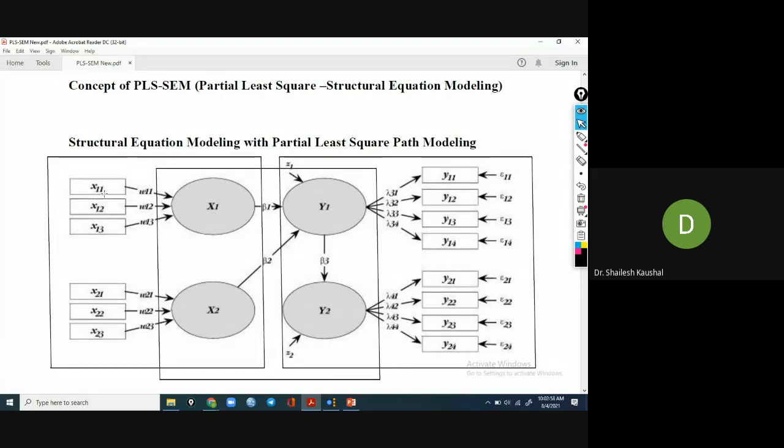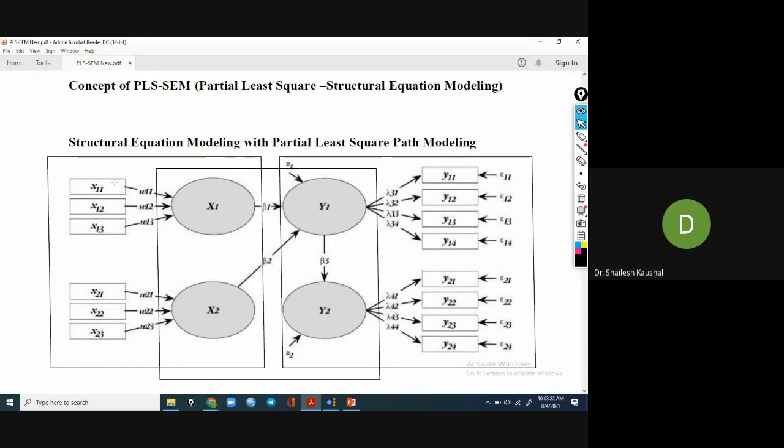The exogenous measurement model, where exogenous means independent variables, can be reflective or formative.